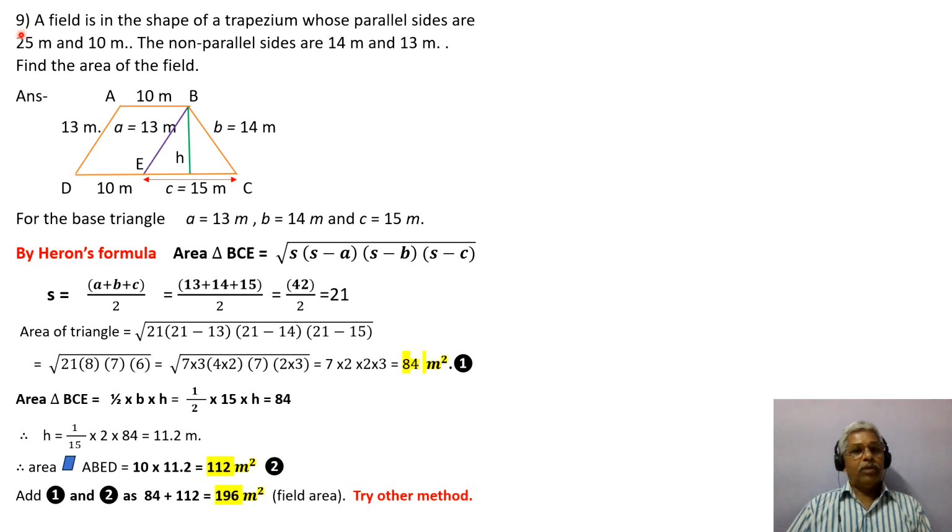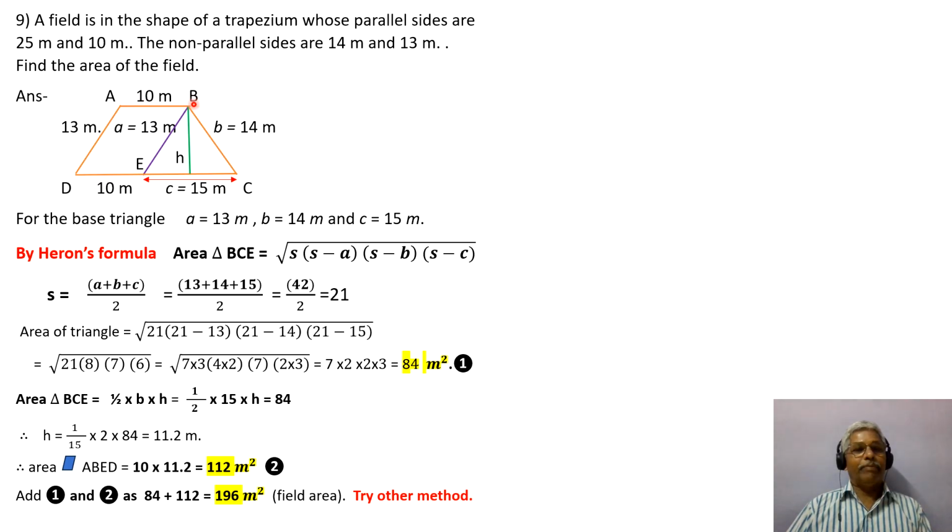Ninth one. See, this is very interesting. Study this very carefully. A field is in the shape of a trapezium whose parallel sides are 25 meters and 10 meters. So this is the figure of the field.